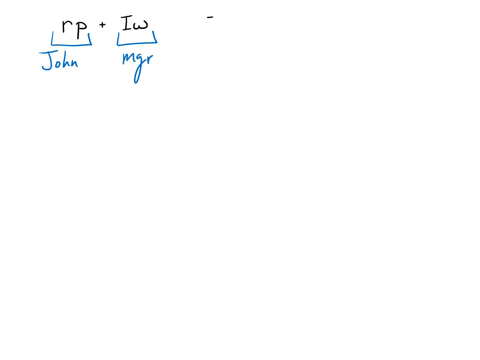This is going to be equal to some final moment of inertia times omega f, where omega f is what I want to actually solve for. So let's think about this final moment of inertia.